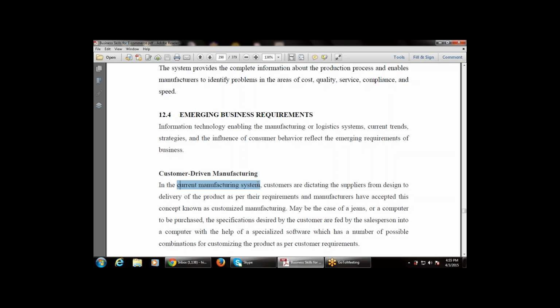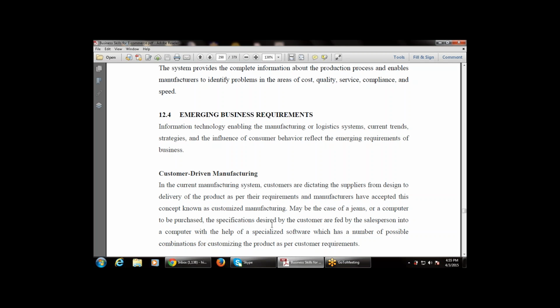In the current manufacturing system, customers are dictating the suppliers from design to delivery of the product as per their requirements, and manufacturers have accepted this concept known as customized manufacturing. Customer driven manufacturing means manufacturing according to the customer. Every product is built as per the customer need, starting from the design and ending with the delivery.